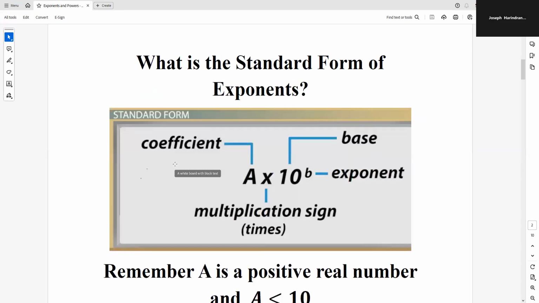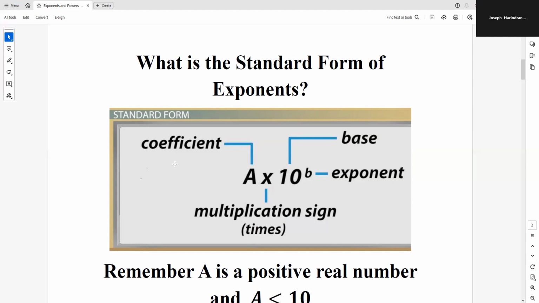First of all, what is the standard form of exponents? The standard form, or exponential form, takes this form: a into 10 power b. That is a multiplication sign between a and 10, and then b is the exponent. 10 is the base, and a is called the coefficient.